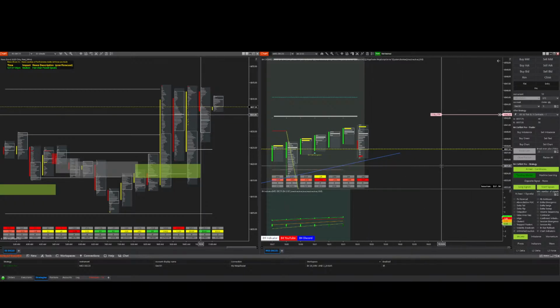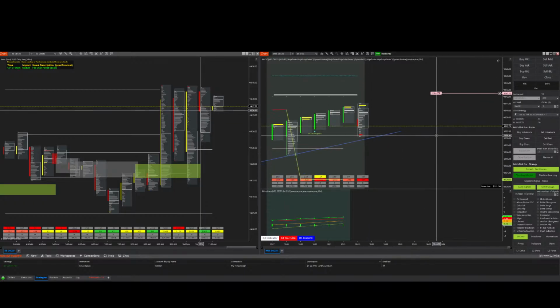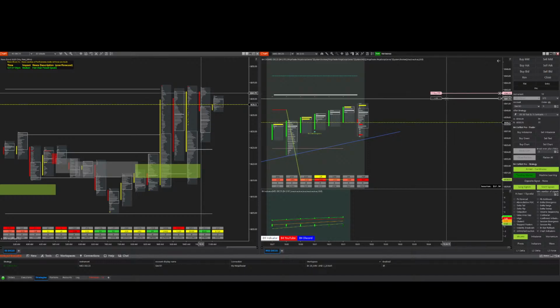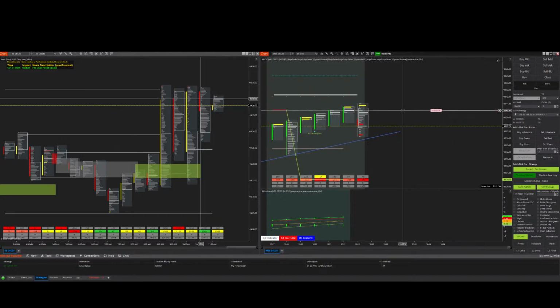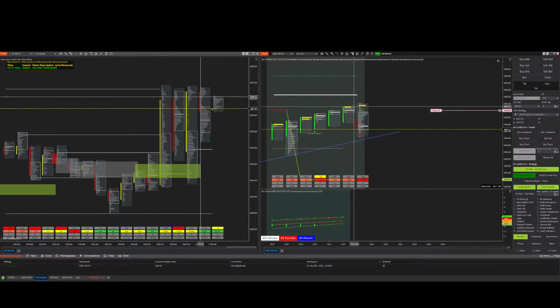But we got some potential to the upside. Looking at Ichimoku. So we'll take that, put that above that POC. Got some trap traders right there.